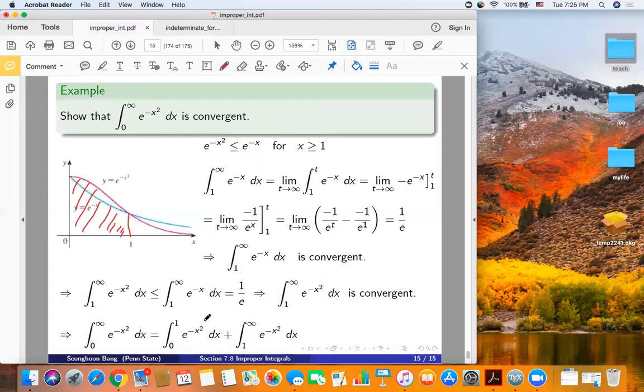This is always a finite number, so it is convergent. The second one is also a finite number. So this whole thing is finite. What does it mean? The improper integral is convergent. That's it. This is the whole idea for solving the last problem.